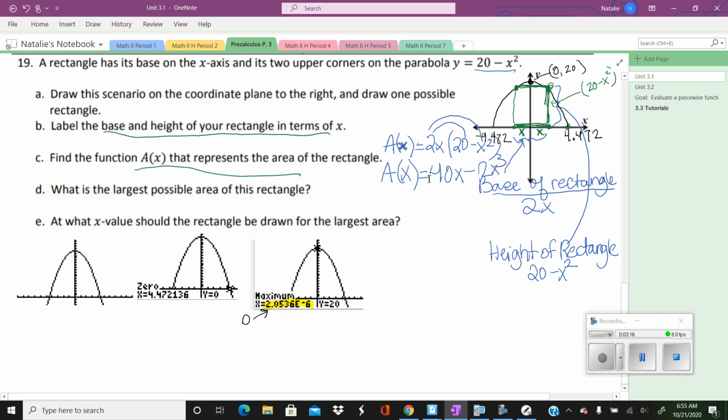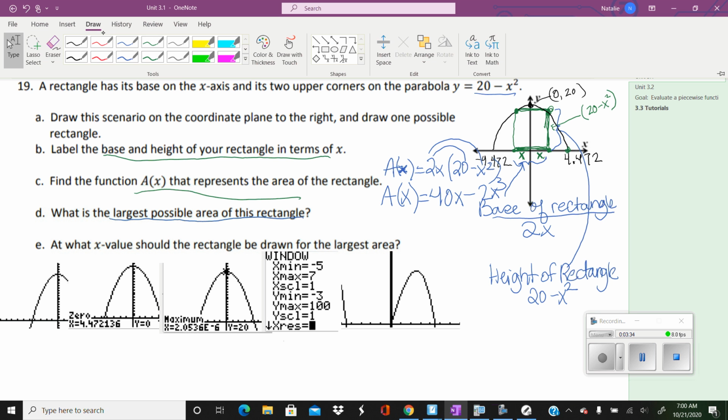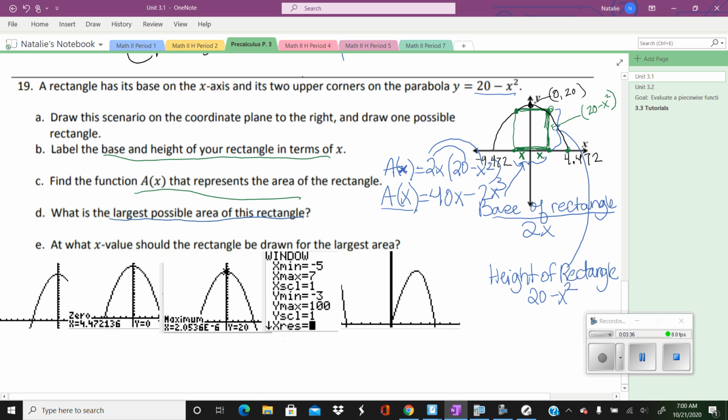Now, the next question asks us, what is the largest possible area? And we're, of course, going to use our trusty graphing calculator to determine that. In order to figure out the largest possible area of our rectangle, we need to take that function and put it into the calculator. It is a cubic function. This window took me a couple of tries.